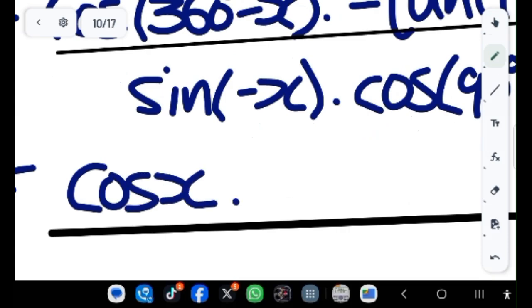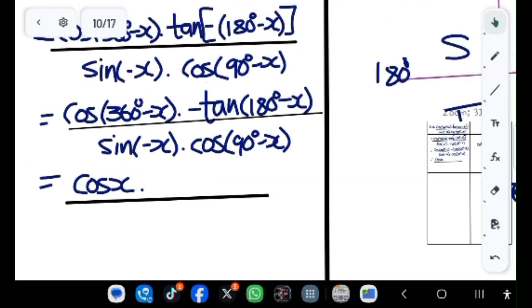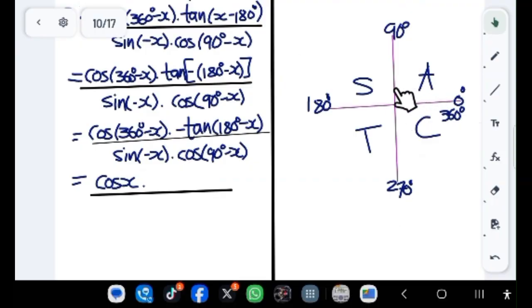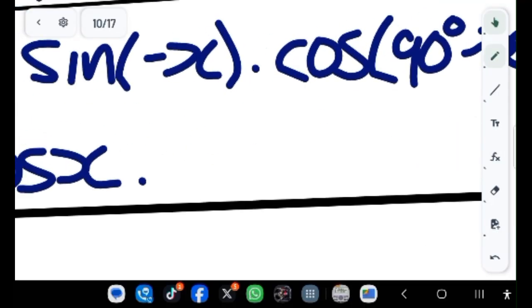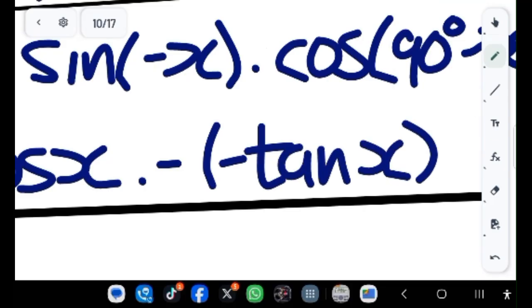Times negative tan of 180 minus x. 180 minus x lands us in the second quadrant where tan is negative, so that will be negative tan of x.